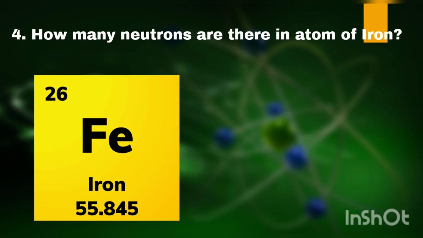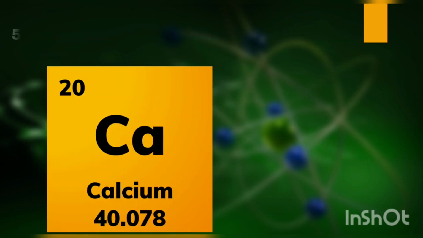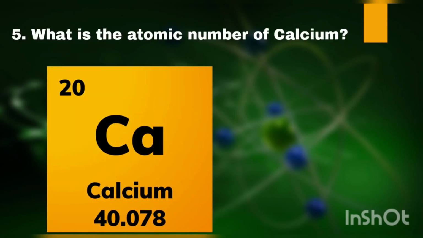How many neutrons are there in an atom of iron? A. 26, B. 56, C. 30, D. 82. And number 5. What is the atomic number of calcium? A. 40, B. 20, C. 60, D. 41.